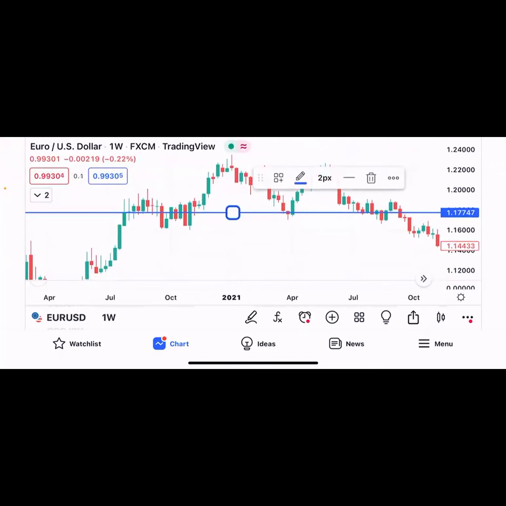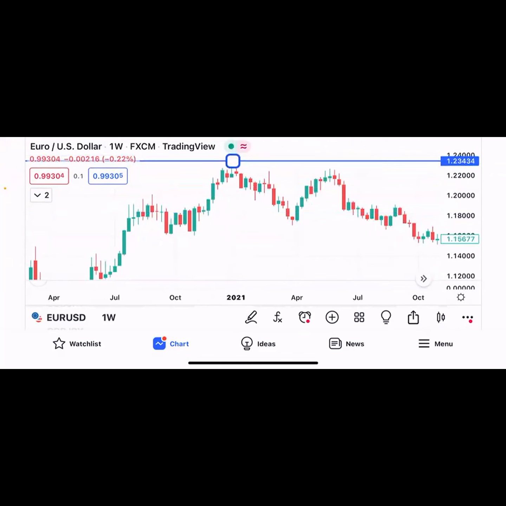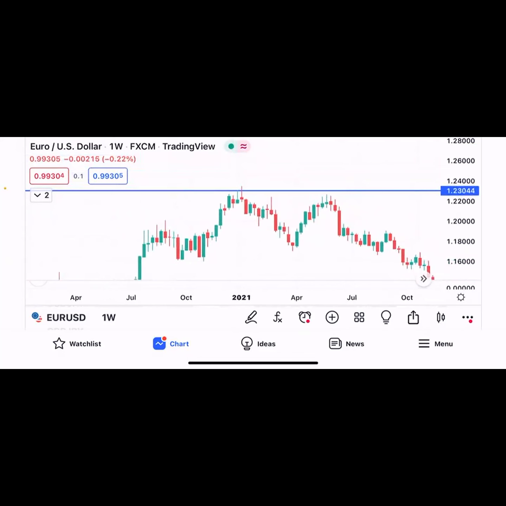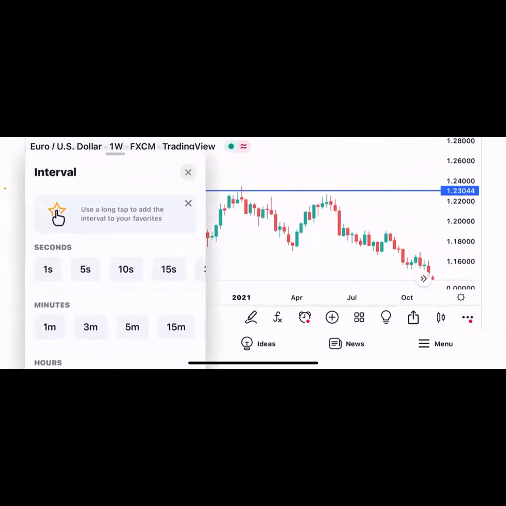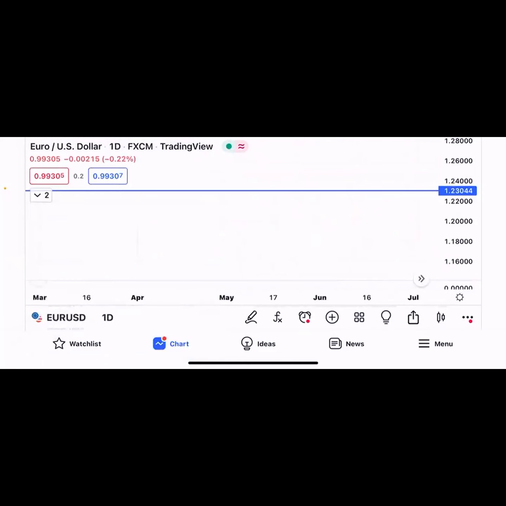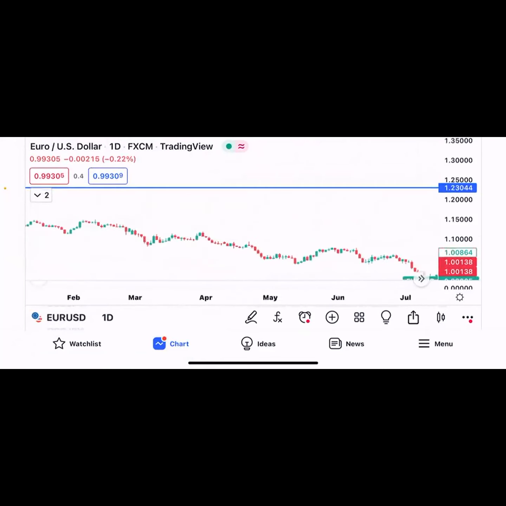You put a horizontal line, but the line you need is actually vertical. Okay, smart. Yeah, change that time frame to daily. That's why I wanted you to use a vertical line. When you put horizontal, you might not get it.